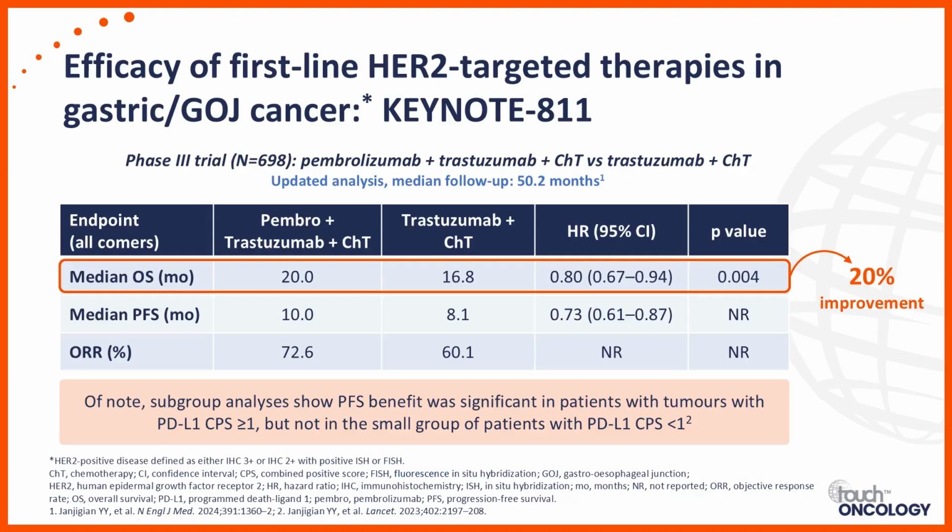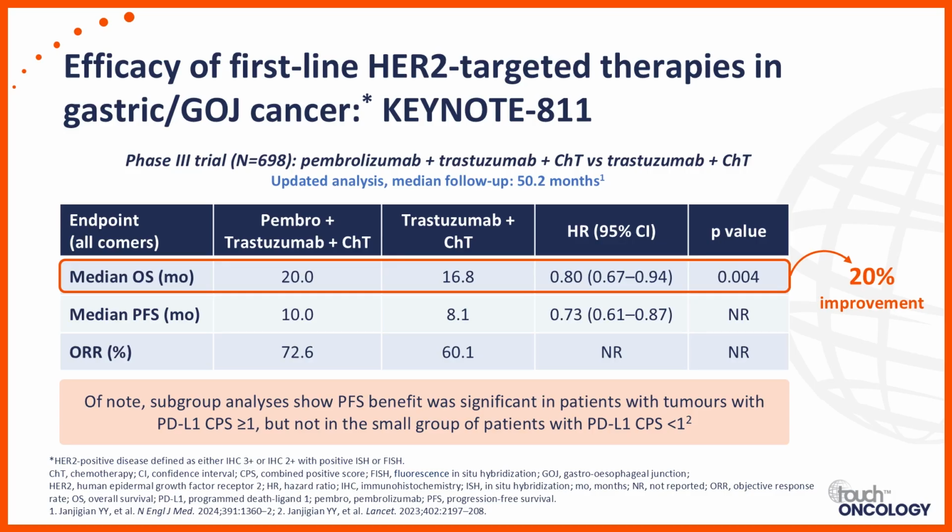And if we focus on some of the data, one of the pivotal studies after the initial TOGA study was the Keynote 811 study, which was a study of first-line treatment of advanced gastric cancer in patients who were HER2 positive, defined with the classic criteria, immunohistochemistry 3+ or 2+, followed by a positive FISH test.